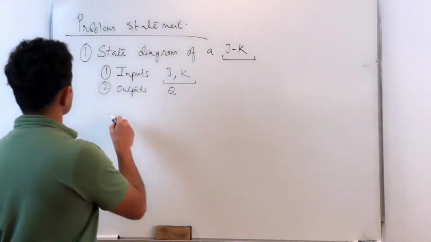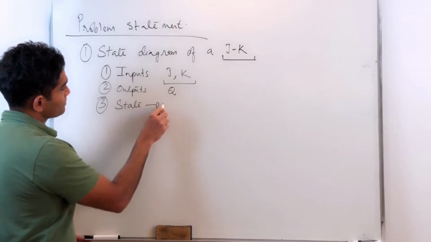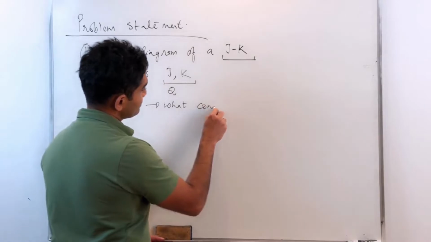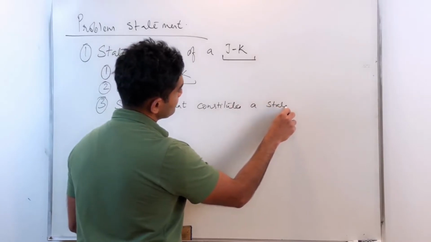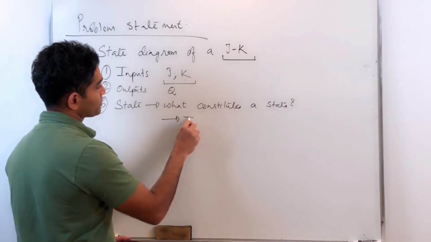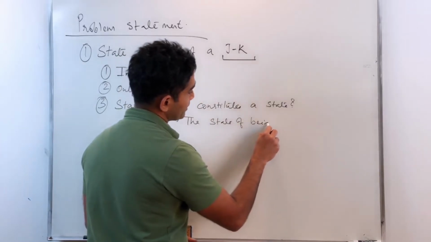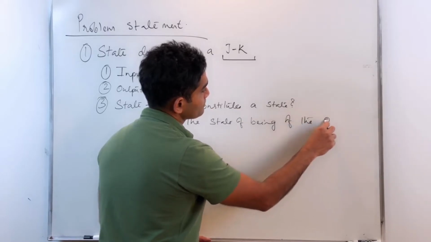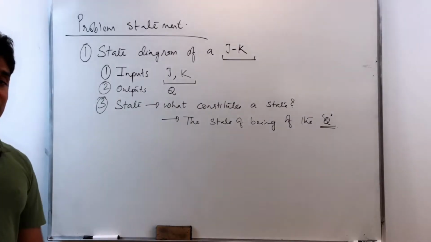And the state. What constitutes the state? Again, as we have seen for the D flip-flop, we can use 0 and 1 again. The state is the state of being of the output. The output can remain in 0 or 1 state of the Q value, right? So how many state variables should I have?